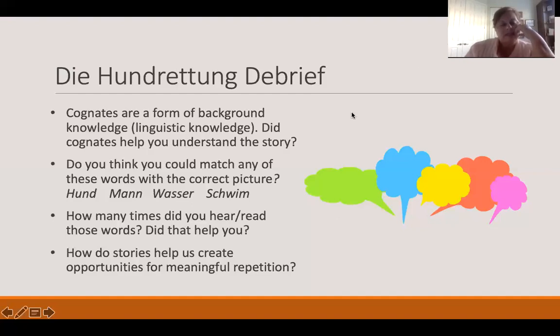It turns out that stories really help us create opportunities for meaningful repetition. I could just stand in front of you and show you a picture of a dog and say, Hund, Hund, Hund, Hund, but it's probably not as likely to catch your attention as when it's embedded in something like a story.